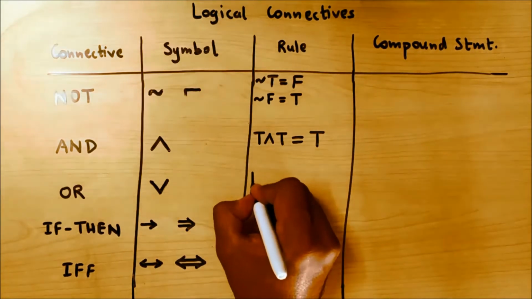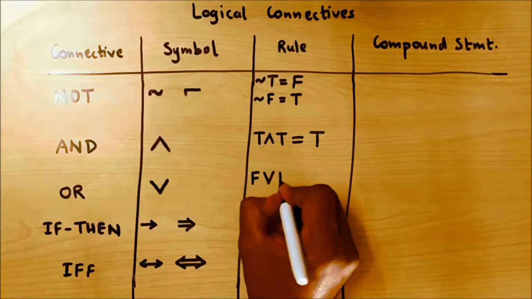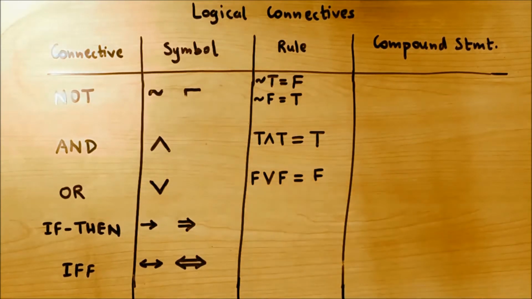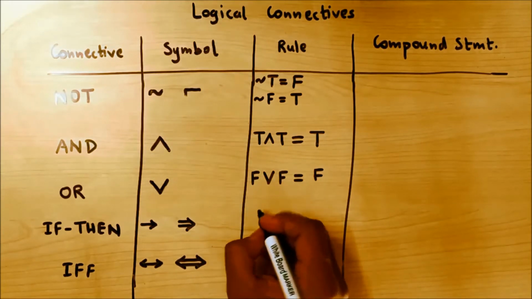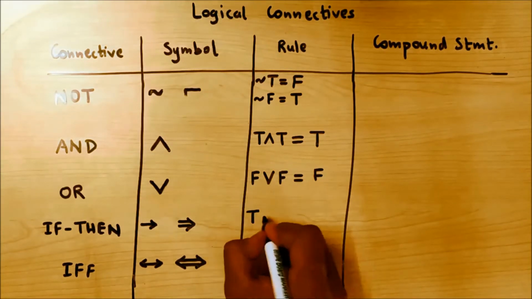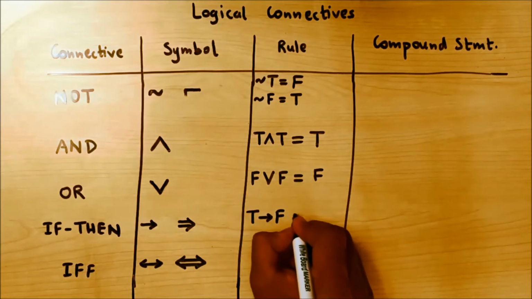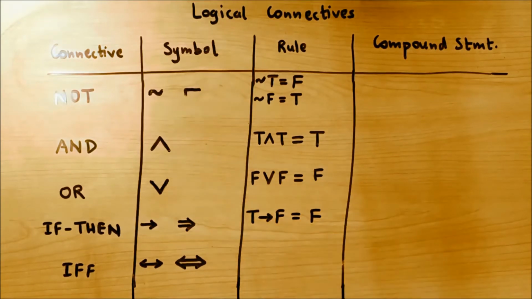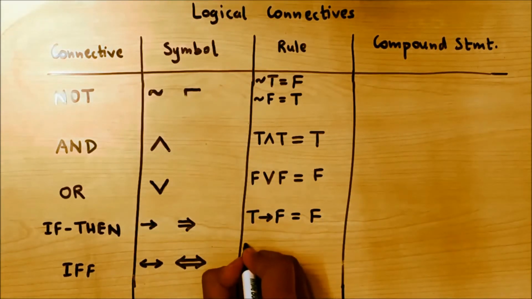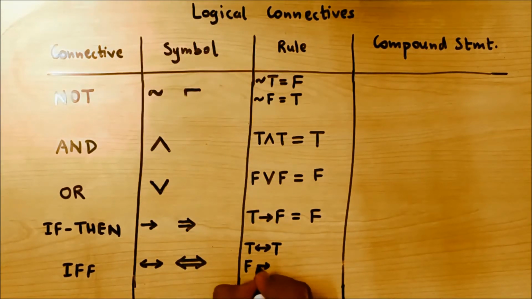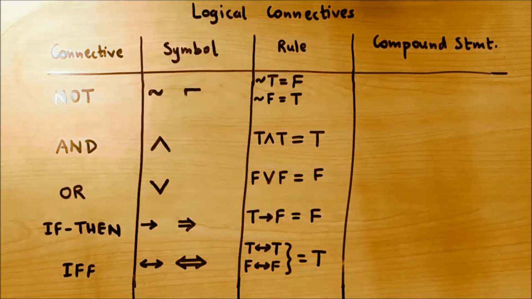For or, if the first statement is false and the second statement is also false, then the result is false. For if then, the rule is, if the if part is true and the then part is false, remember, if true then false, the result is false. And for if and only if, when both the truth values are the same, that is both true or both false, then the result is true. So these are the rules which we follow for the logical connectives.